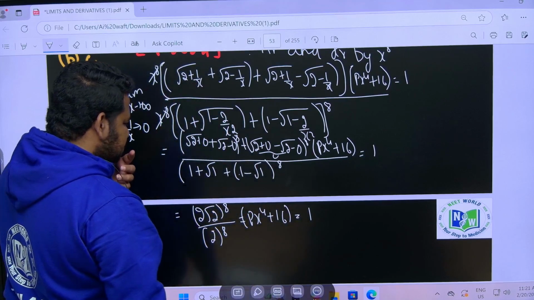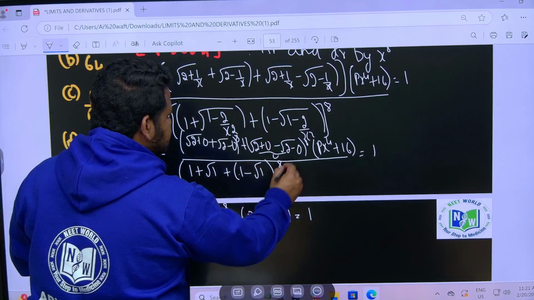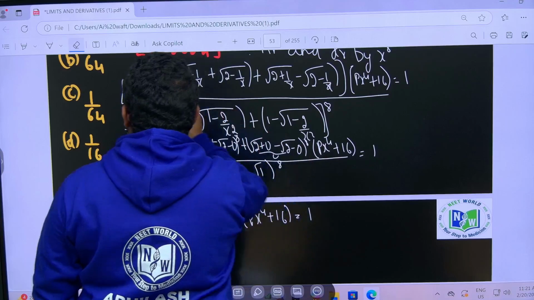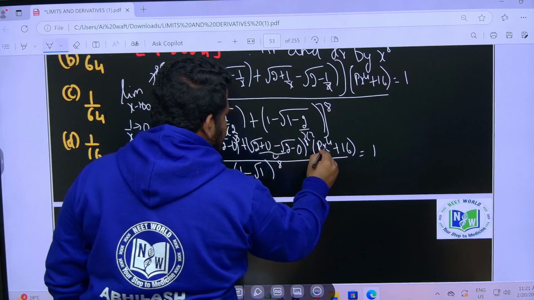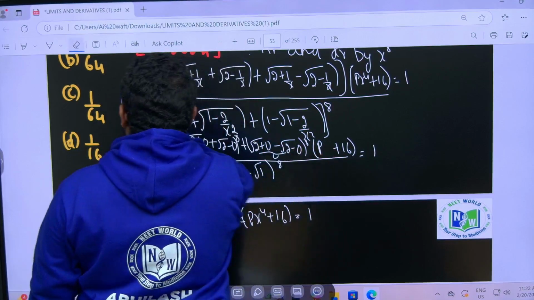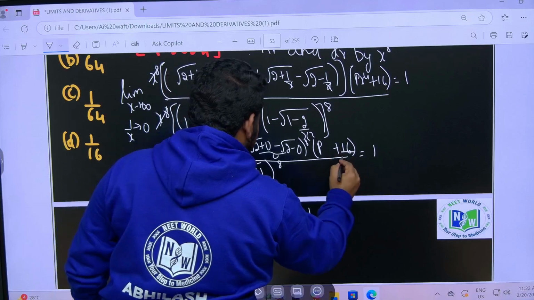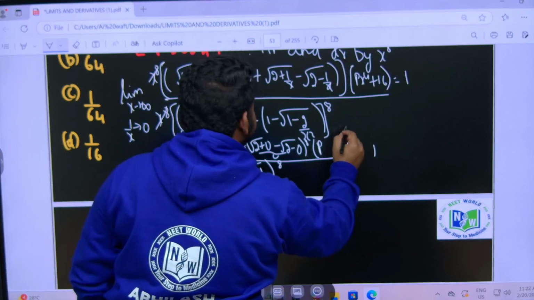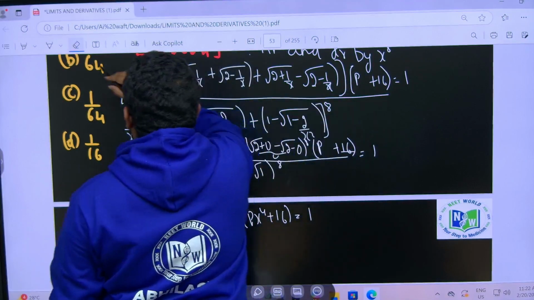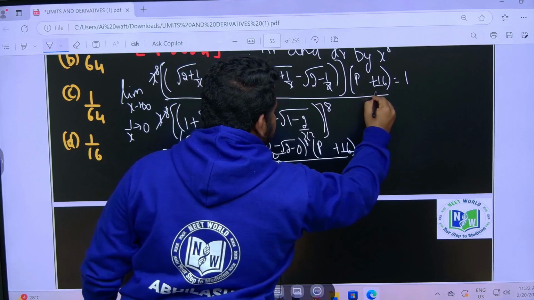Actually this will not be p times x to the power of 4. Once you divide this, here you will have 16 by x to the power of 4.